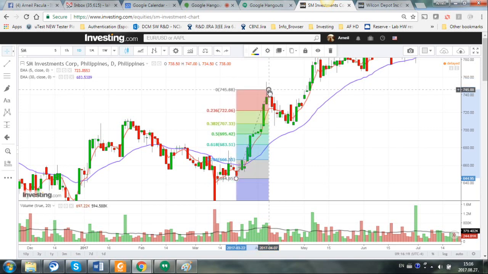But, saan siya nag-umpisa mag-downtrend? Yung red candlestick yung hanapin mo. As you can see, ito yung point na lowest before siya nag-bounce up or nag-retrace. So, ano yung point na yan? That is 38.2%.